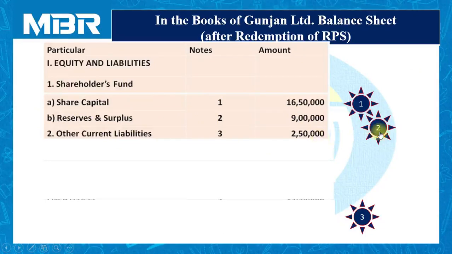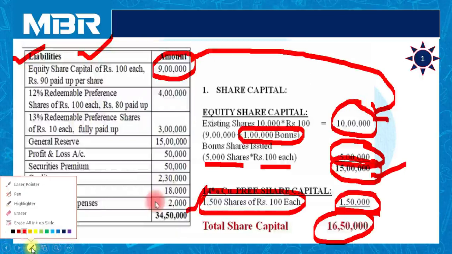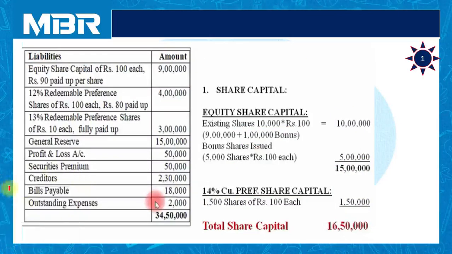If you want to prepare a calculation, it's okay. If you don't want to prepare the calculation in a separate form, you can easily calculate current liabilities from this information. Check the information given to us on the liability part of the balance sheet.